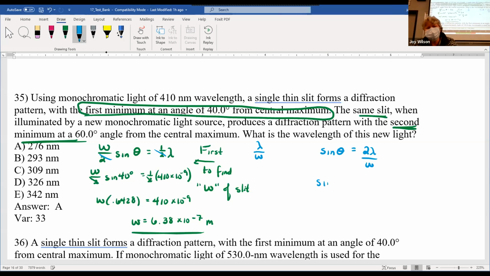So sine of 60 is going to equal 2 wavelength over slit width, and the slit width was 6.38 times 10 to the negative 7th. So now I'm going to solve for the wavelength. So 2 wavelengths equals sine of 60, 0.8660, times 6.38 e negative 7.